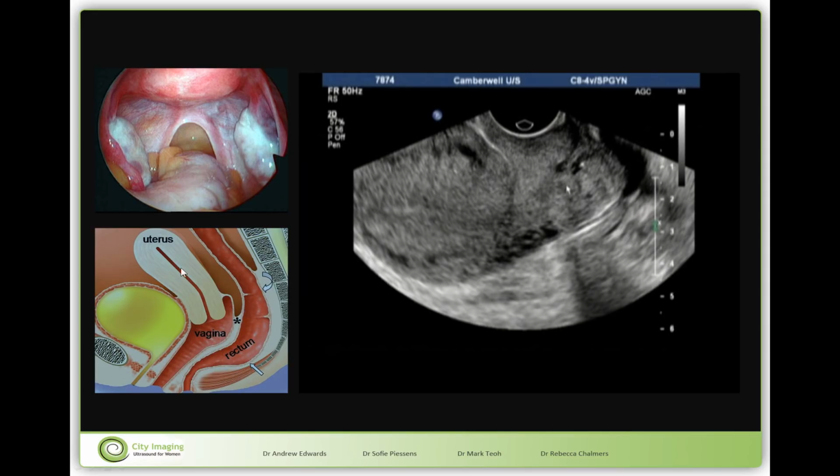It is not enough to see sliding here at the top. That is actually very often the case even if there is complete pouch of Douglas obliteration. What we really need to see is a sliding between the posterior vagina and the bowel.